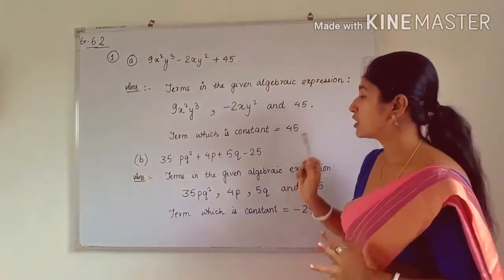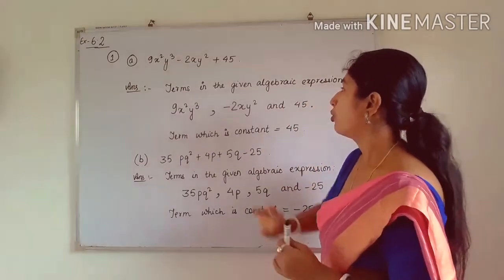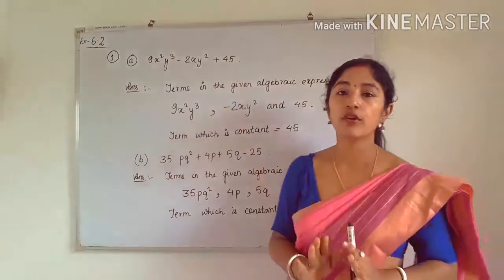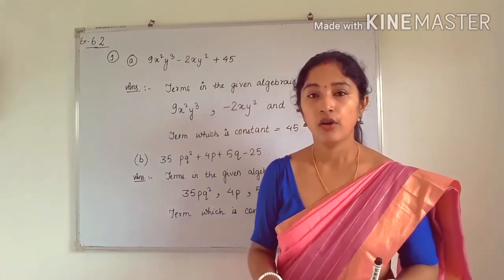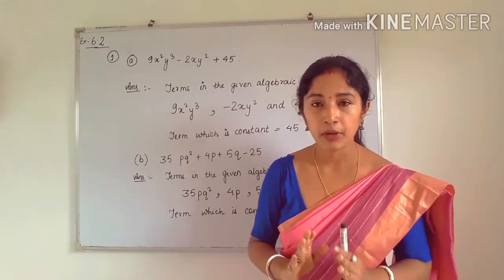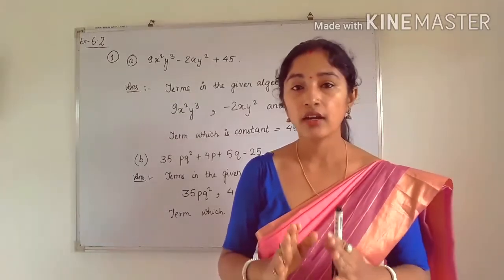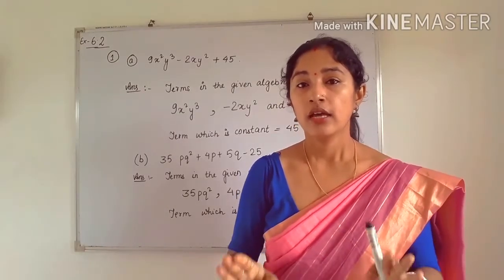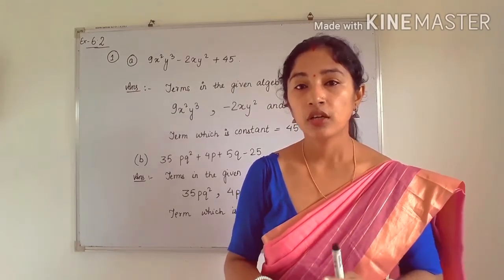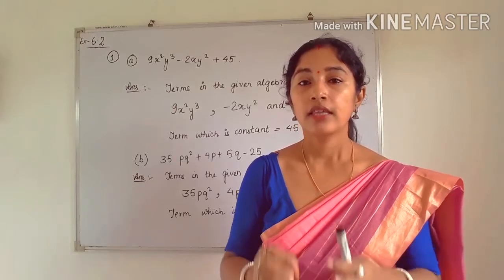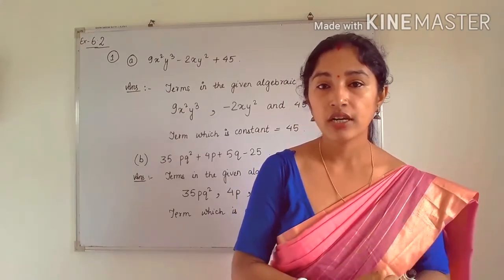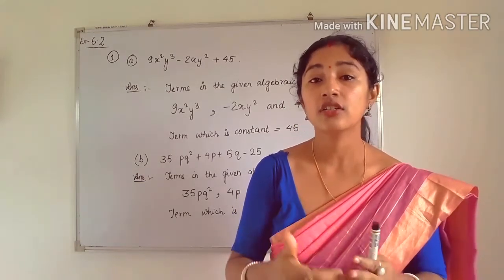Next is terms which is constant. So see here, only 45 is constant because 45 is not multiplied with any variable. Because if it is multiplied with any variable, what will happen? You know that a variable can take any values. That means if we put any value in a variable, then it will multiply with the constant and it will change its value.